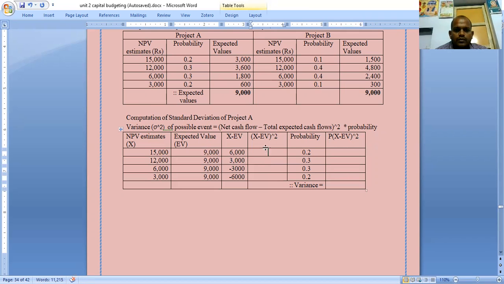So we have to do 6,000 into 6,000, 36, 3 crores 60 lakhs.